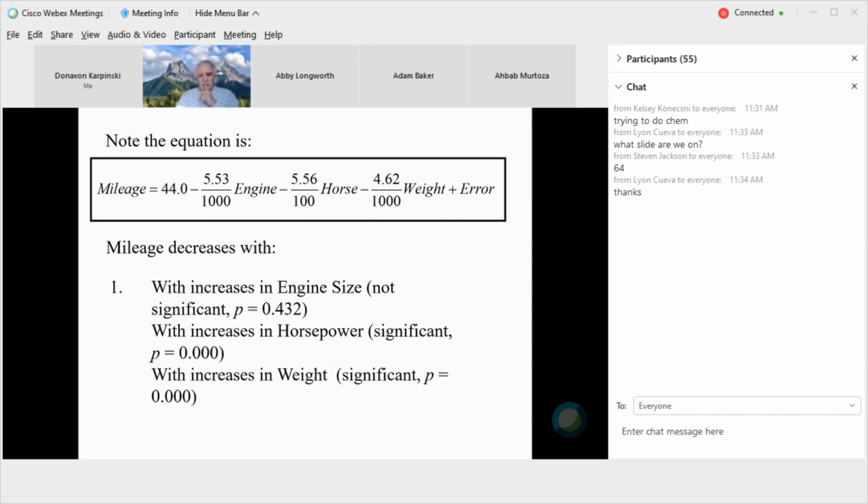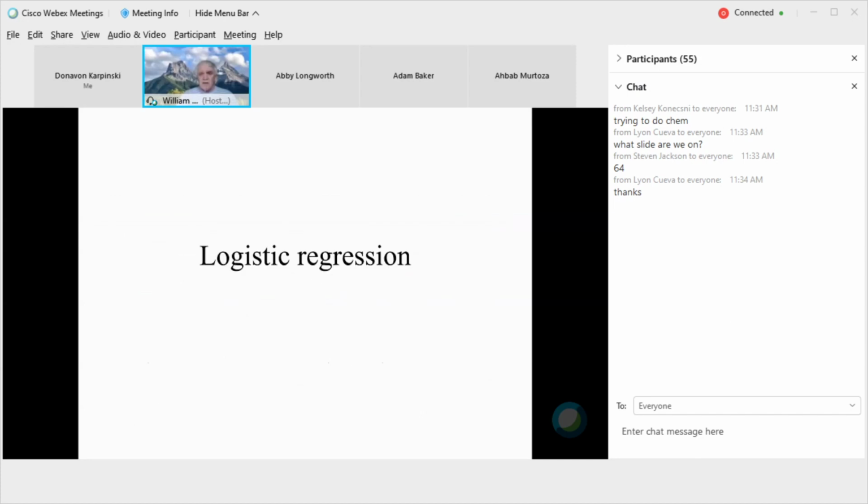The coefficient of engine size is not significant. P is equal to 0.432. The other two are. I'll give some examples next time.